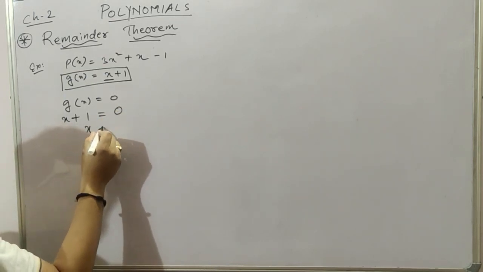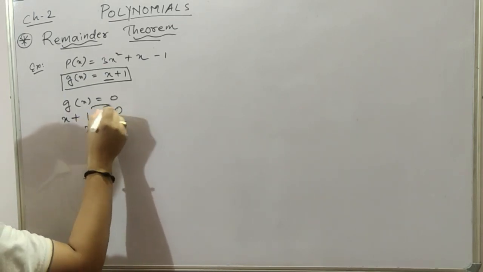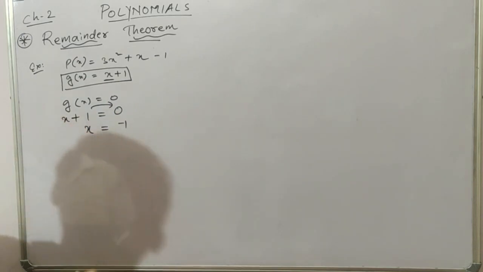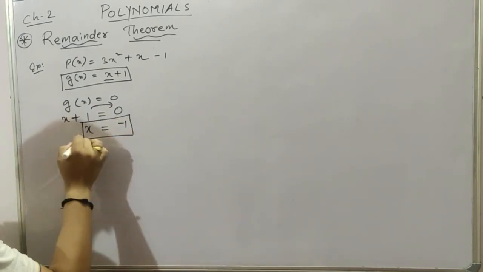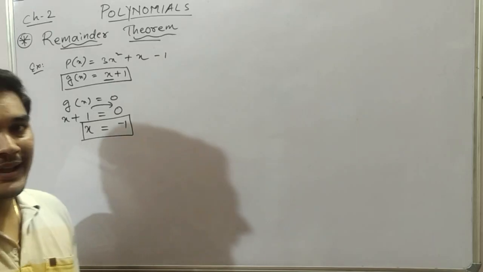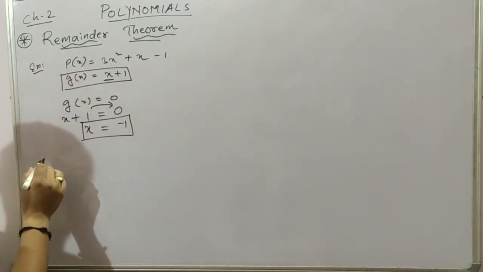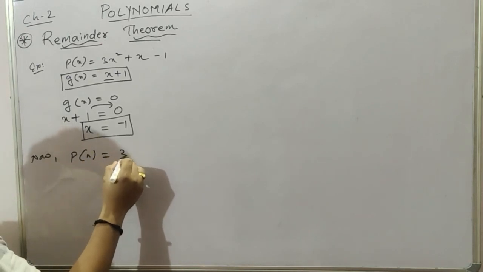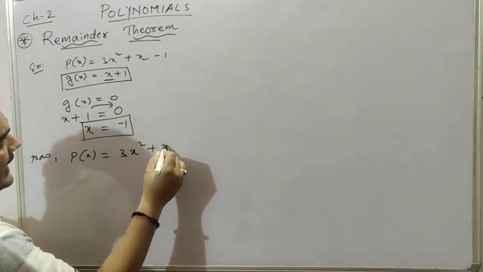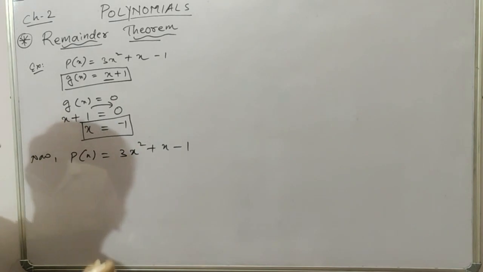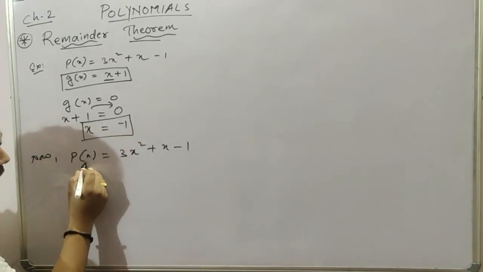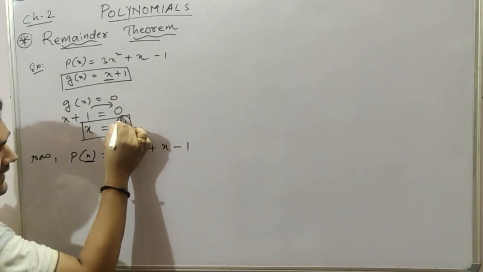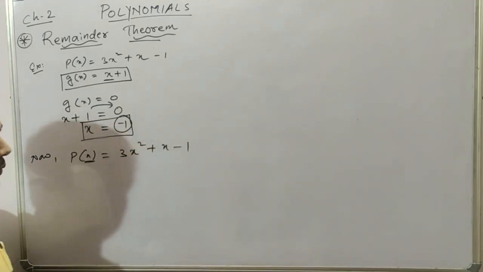Now what is the value of x? x becomes minus 1, because when we shift positive 1 to the other side, it becomes minus 1. So the value of x is minus 1. Now take the polynomial p of x, that is 3x square plus x minus 1. Here the value of x is negative 1.